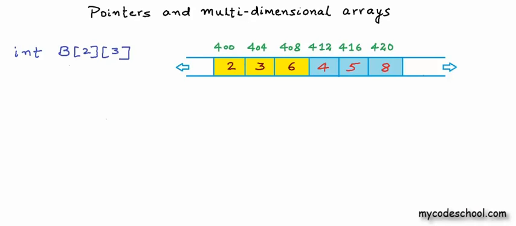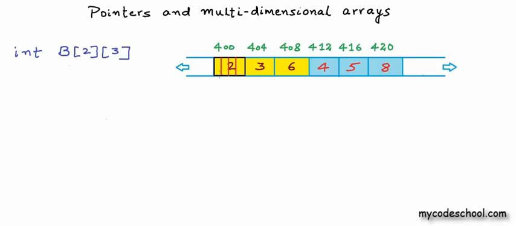What I have tried to show in this figure is how array B will be organized in memory. I have assumed that the starting address of the array is 400. Each cell storing an integer here is a block of 4 bytes. As we know, each byte in the computer's memory has an address. I am not drawing the partitions for all the bytes. I am drawing blocks of 4 bytes each, and that's why I'm writing only the starting address of each block.